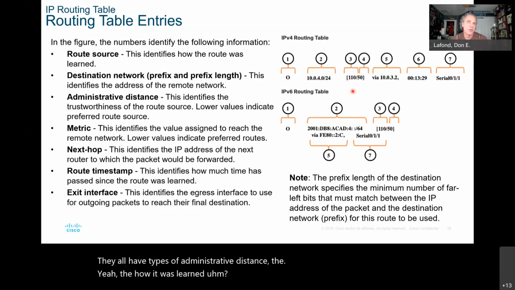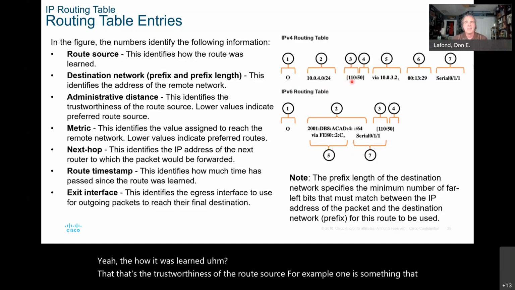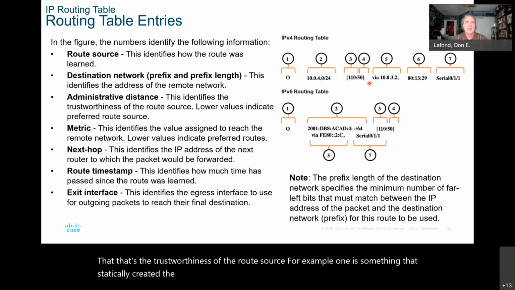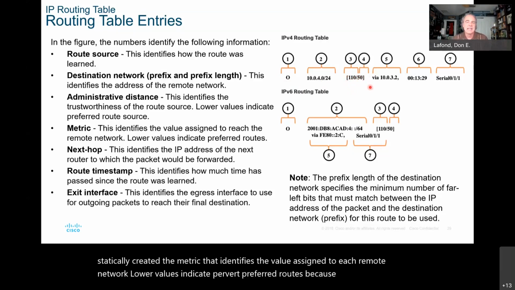That's the trustworthiness of the route source. For example, one is something that's statically created. Then the metric identifies the value assigned to each remote network. Lower values indicate preferred routes, because it's like taking a six-lane highway over a dirt road, right?